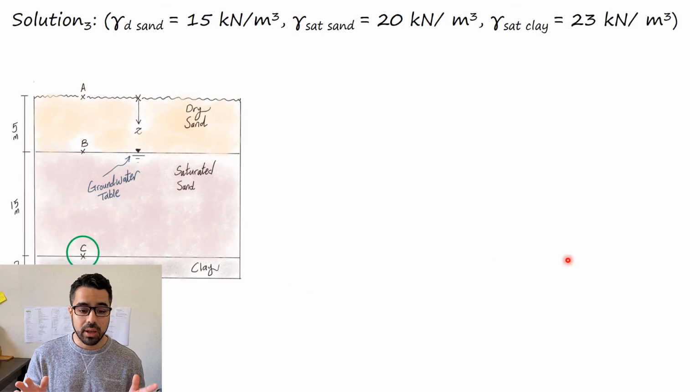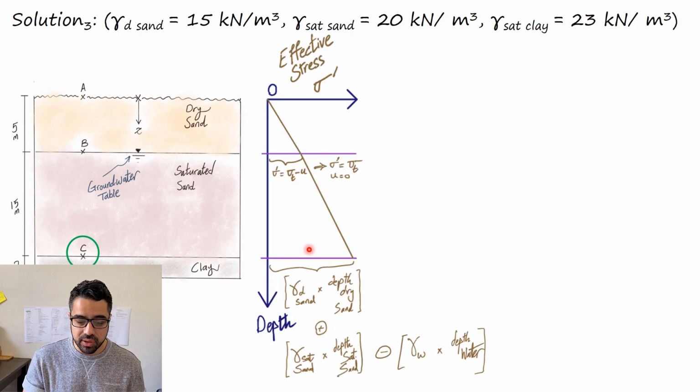So finally, the effective stress: total stress minus the pore water pressure. This is basically here, the total stress: gamma dry times the depth, gamma saturated times the depth. We add them together, we're going to get the total stress at point C, minus the pore water pressure. The water starts from here till here, it's 15 times 9.81.